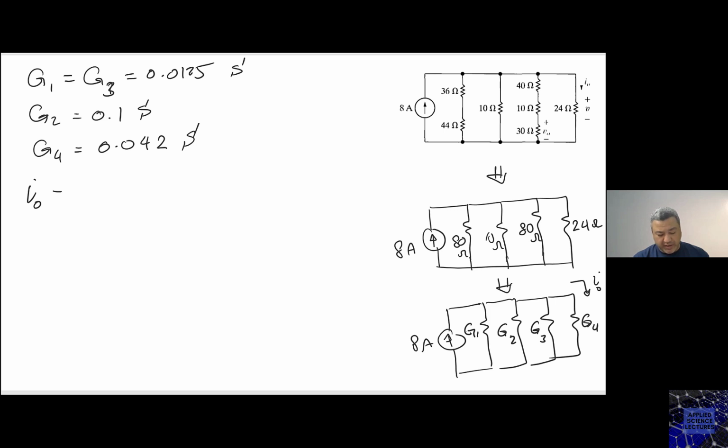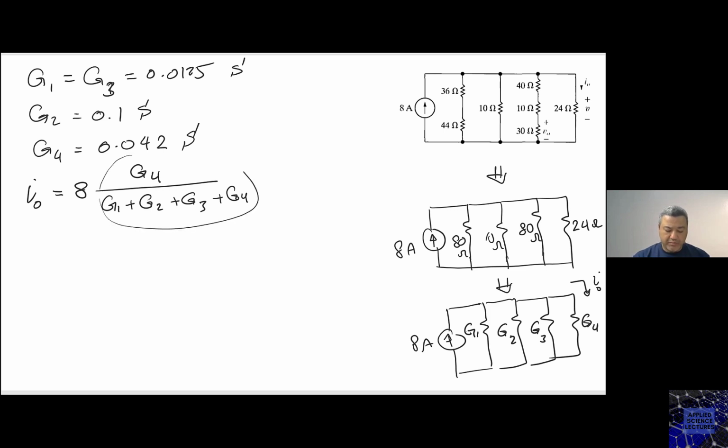the ratio, G4 over the total conductances, G1 plus G2 plus G3 plus G4. So this is the ratio using the conductances. See how easy it is.